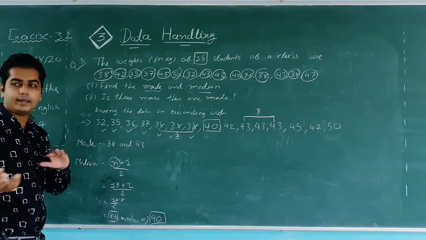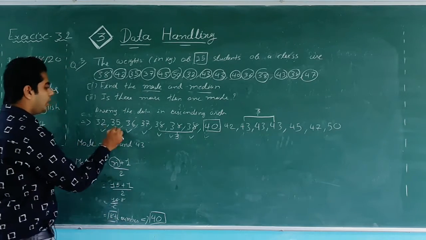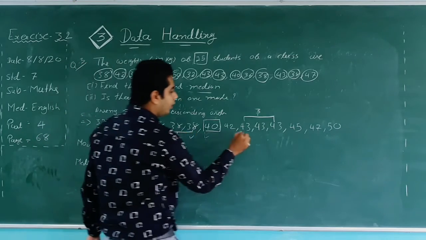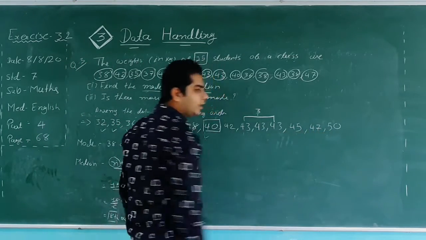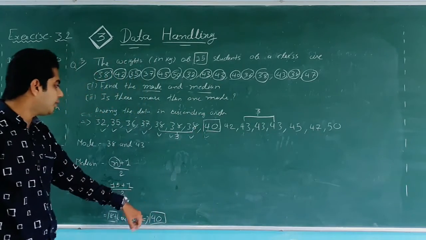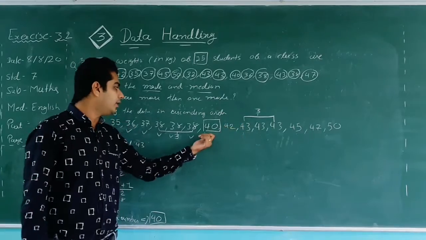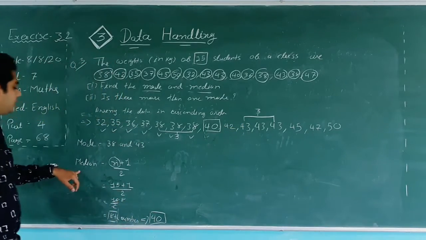How 40? If you directly have to find out, see, 1 2 3 4 5 6 7 on the left side, 1 2 3 4 5 6 7 on the right side, and in the middle there is a 40. So 7 data on the left side, 7 data on the right side, and in the middle there is a 40. So median is 40.